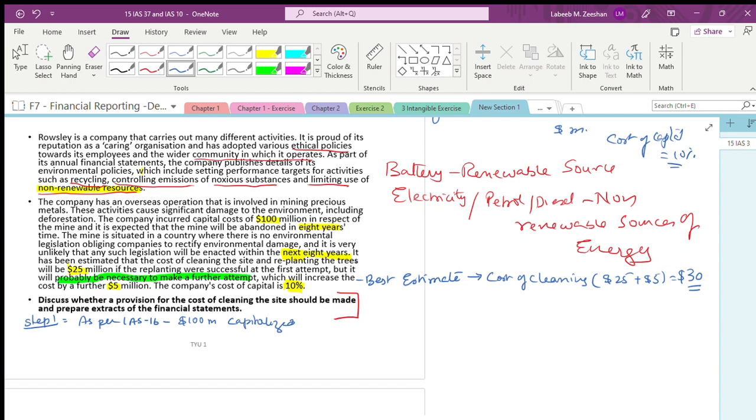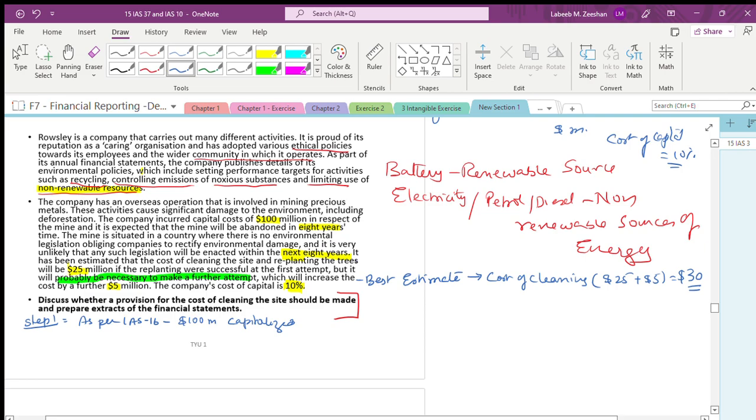Now, how much is the amount of it? It is estimated that the cost of cleaning the site and replanting will be 25. Fine. One minute.